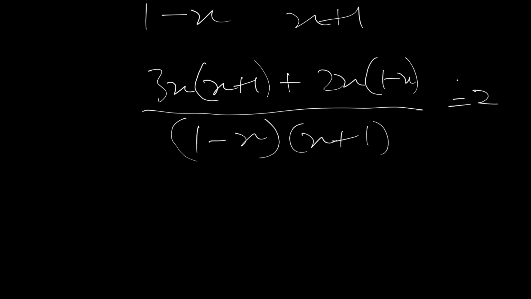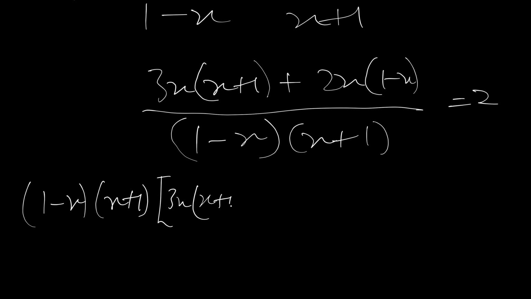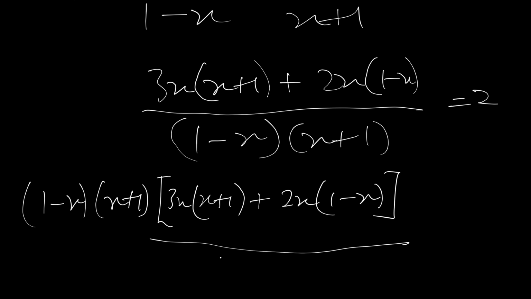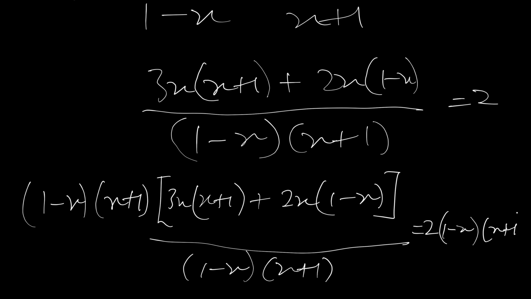Now to get rid of the denominator, we multiply everything by 1 minus x, x plus 1. So we have 1 minus x, x plus 1, multiplying 3x into brackets x plus 1, plus 2x into brackets 1 minus x, all divided by 1 minus x, x plus 1 is equal to 2 multiplying 1 minus x, x plus 1.